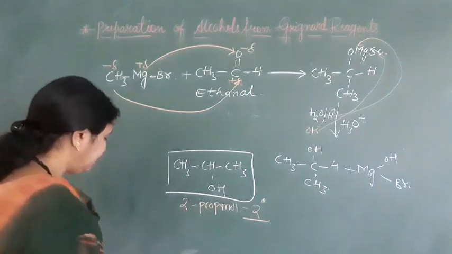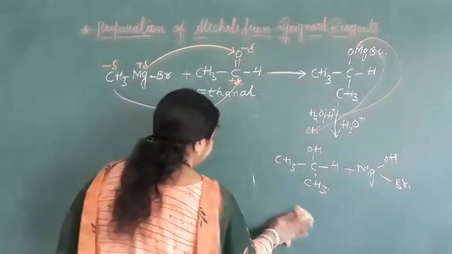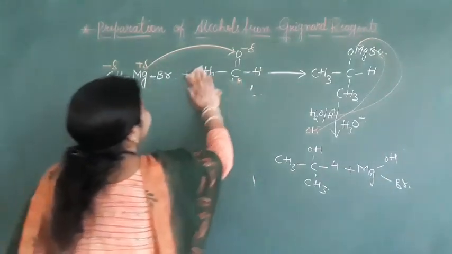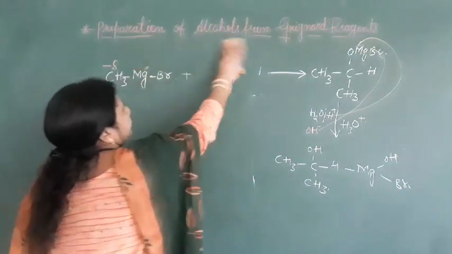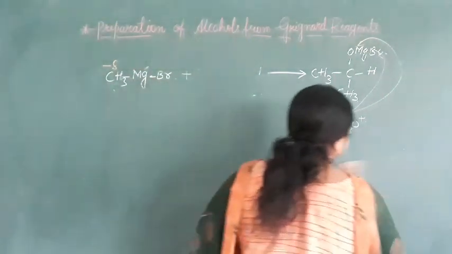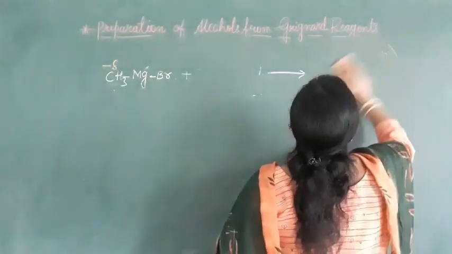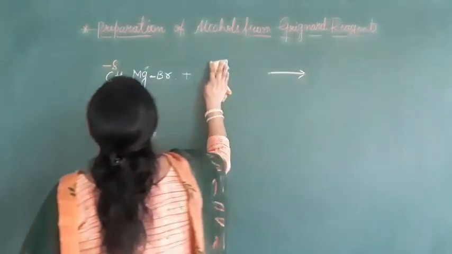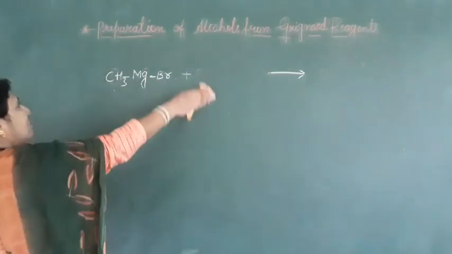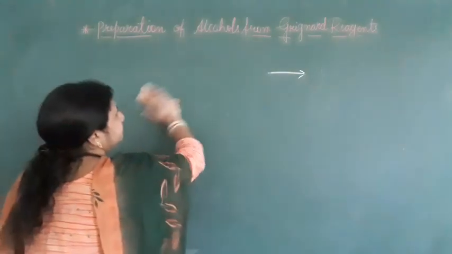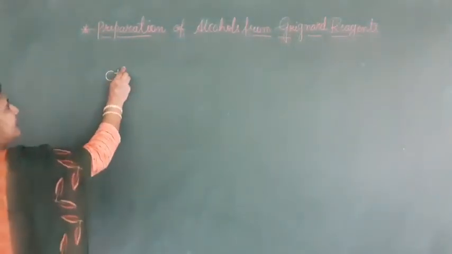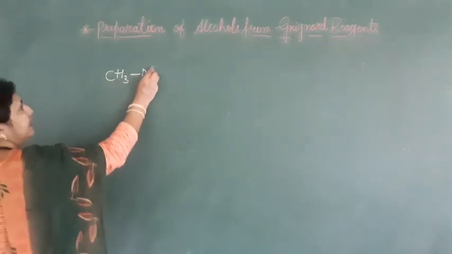Now next, if this Grignard reagent reacts with acetone. We have seen aldehydes: formaldehyde gives primary alcohol, and any other aldehyde will give what? Secondary alcohol.